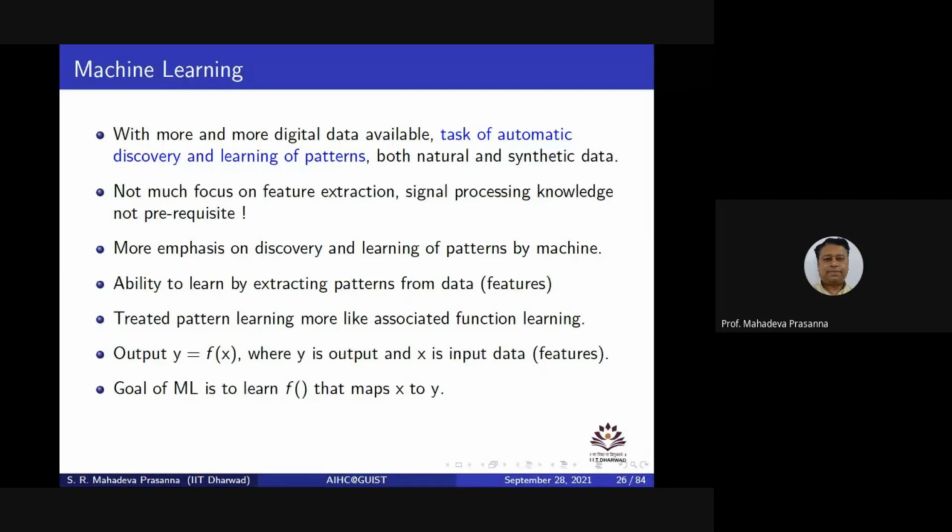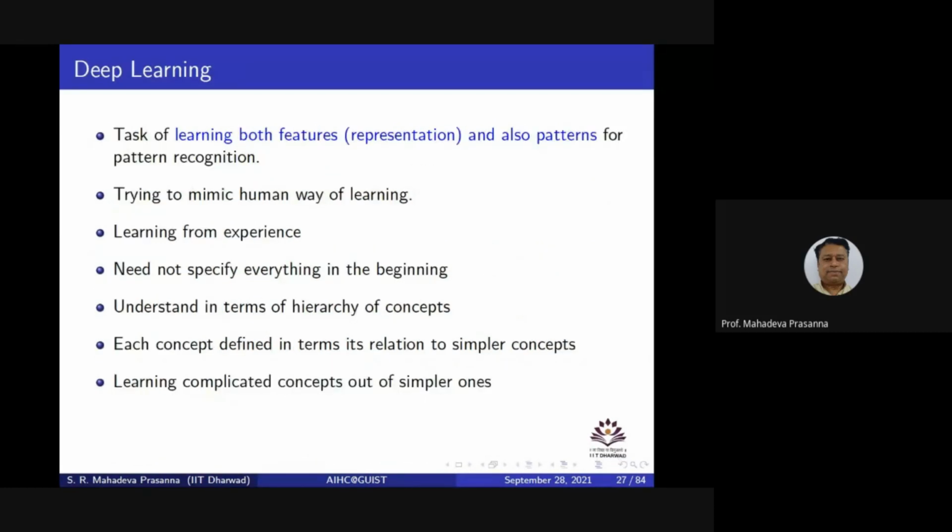So accordingly, you can map this learning process as function discovery or function learning. That is how you don't need to worry about the domain knowledge. This generalization, you can use for any task, both for natural data and synthetic data. That is how it gives flexibility for the automatic discovery of the pattern. That is where this machine learning field became very versatile.